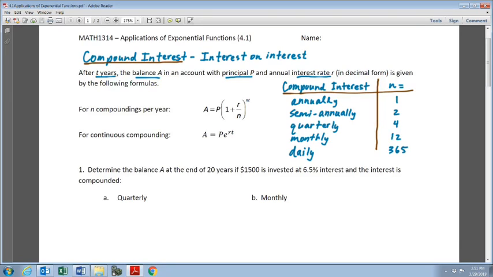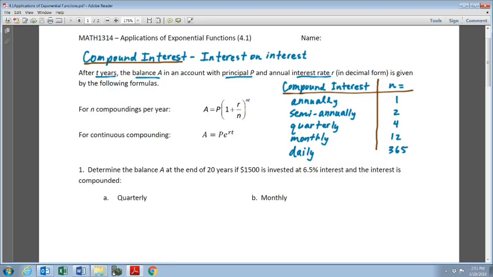Alright, and then for continuous compounding, we use this other formula, A equals P times e to the rt power. It's what I call the Pert Formula. You may have heard of Pert shampoo, or you may not have. But anyway, I call it the Pert Formula. So let's look at some problems now.